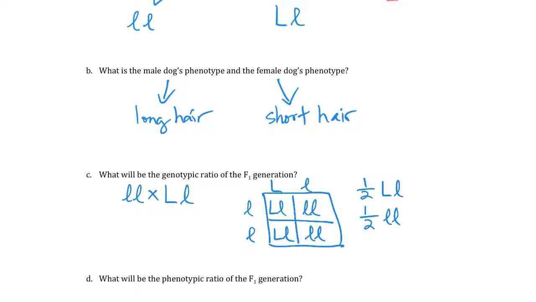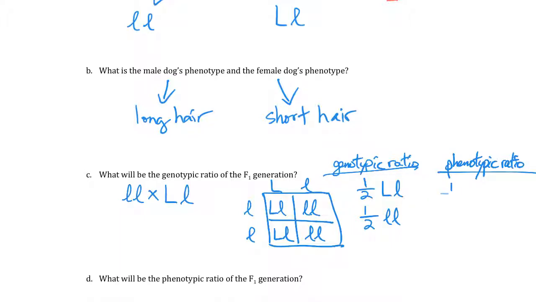We also want to write out the phenotypic ratio. Okay, so it's also going to be 1/2.